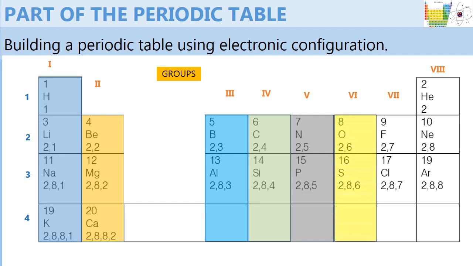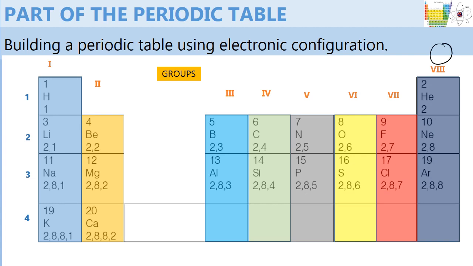Group 6, group 7, group 8. There's something special about group 8. You'll come to learn they are also known as group 0. With the exception of helium, all the other members have 8 electrons in their outermost energy levels, or the electron arrangements end with the number 8. Remember, these numbers represent the electrons in the energy levels.